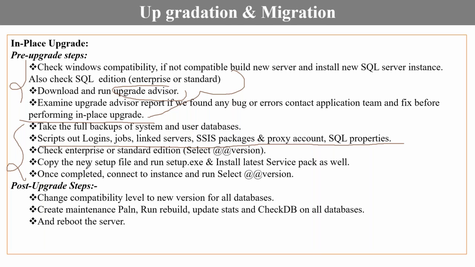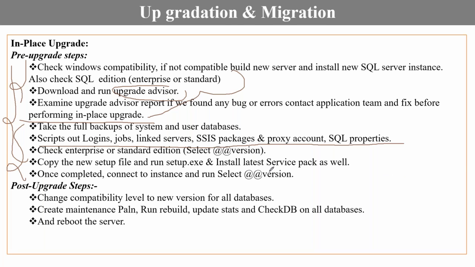Next is to copy the new setup file and run the setup file. Once all these activities are completed, you can copy the new setup file. It can be enterprise, standard, express or developer. Copy the new setup file, then you can install it. You can upgrade it.